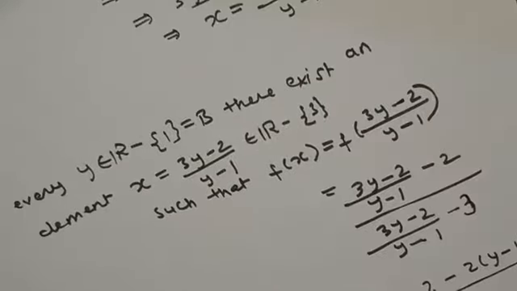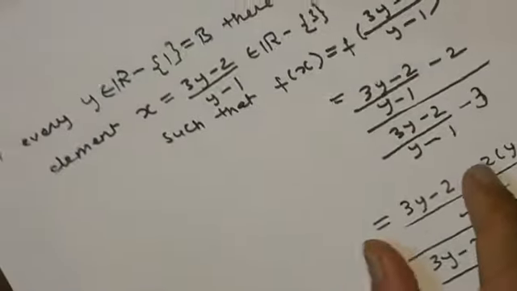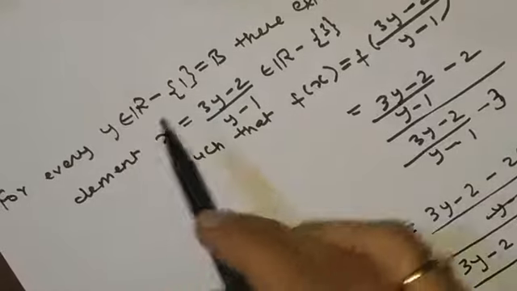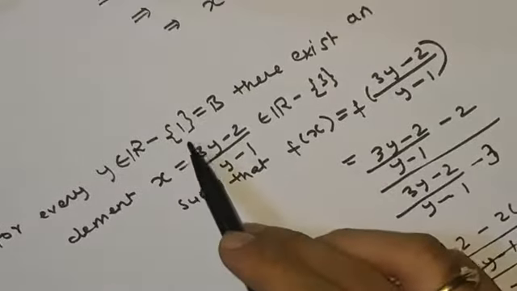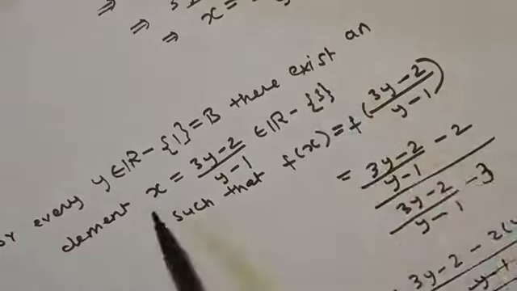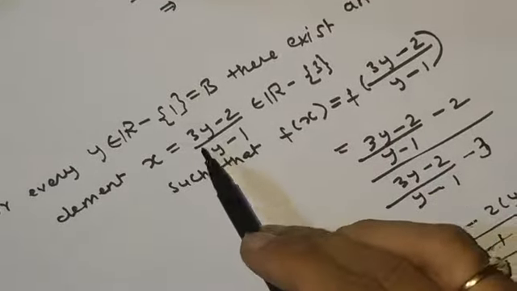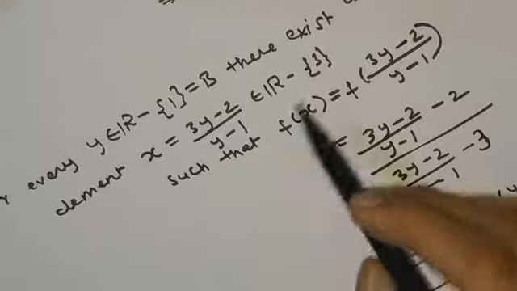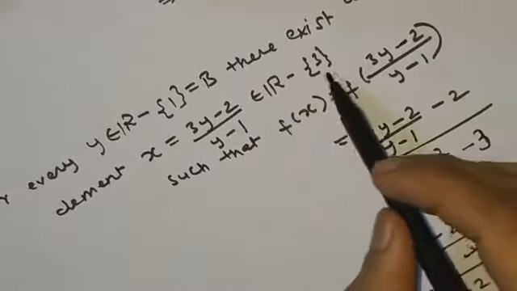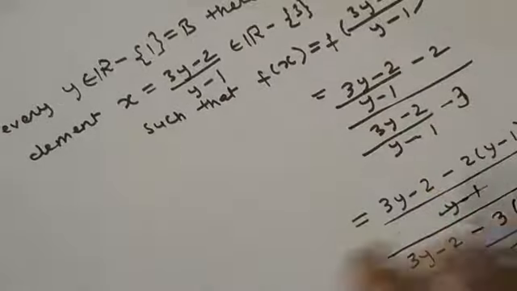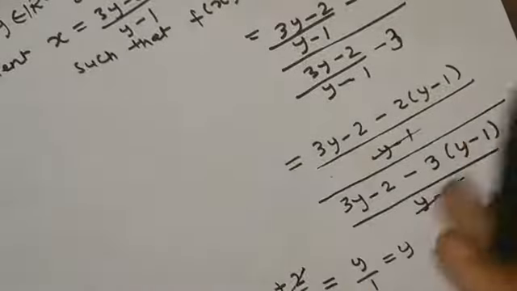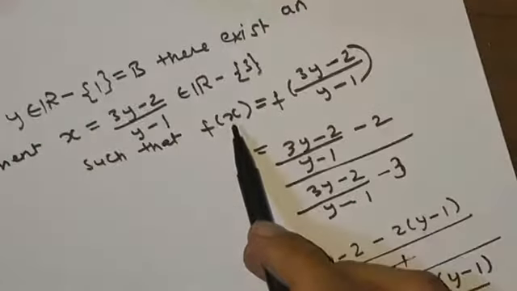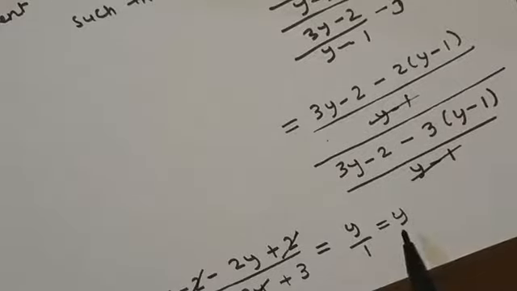So now what you have got is, for every y belonging to the set R minus singleton 1, there exists an element x which is equal to (3y minus 2) divided by (y minus 1), which belongs to R minus the singleton set 3, such that f(x) is equal to y.